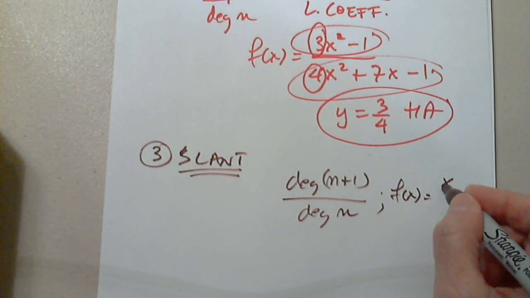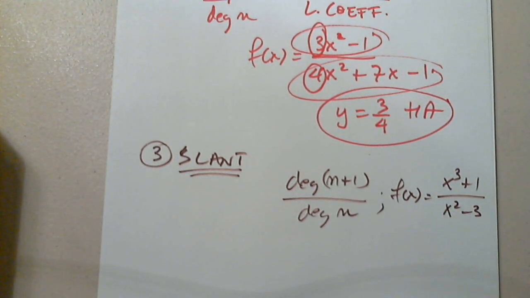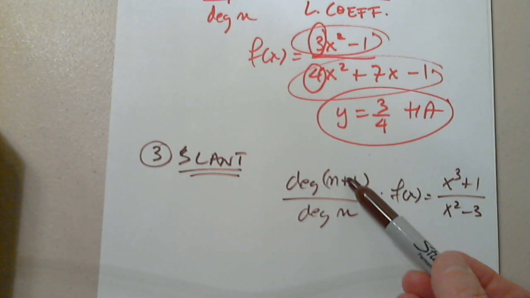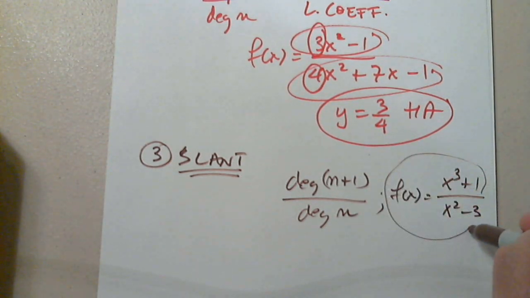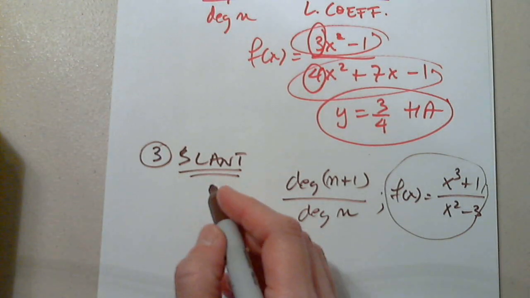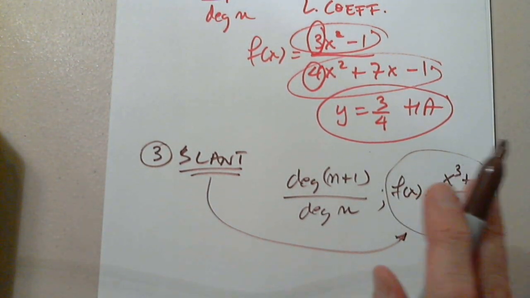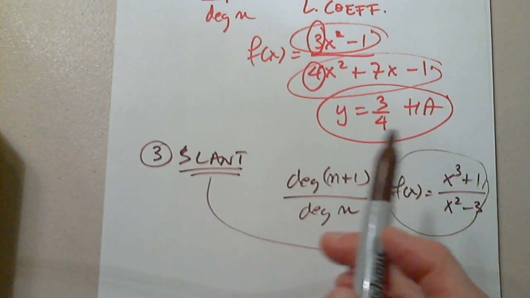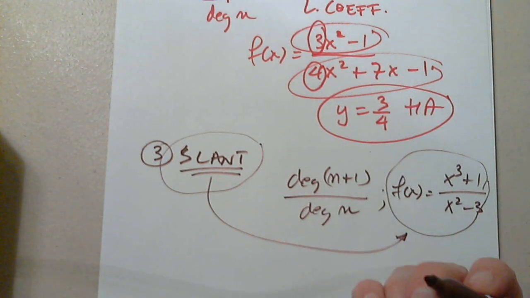F of x equals x to the third plus 1 over x squared minus 3. The degree of the numerator is 1 larger than the denominator. This is degree 2, this is degree 3. 2 plus 1. Only this kind of function has the slant asymptote, and it has no horizontal. If a rational function has a slant asymptote, it cannot have a horizontal. If it has a horizontal, it cannot have a slant.